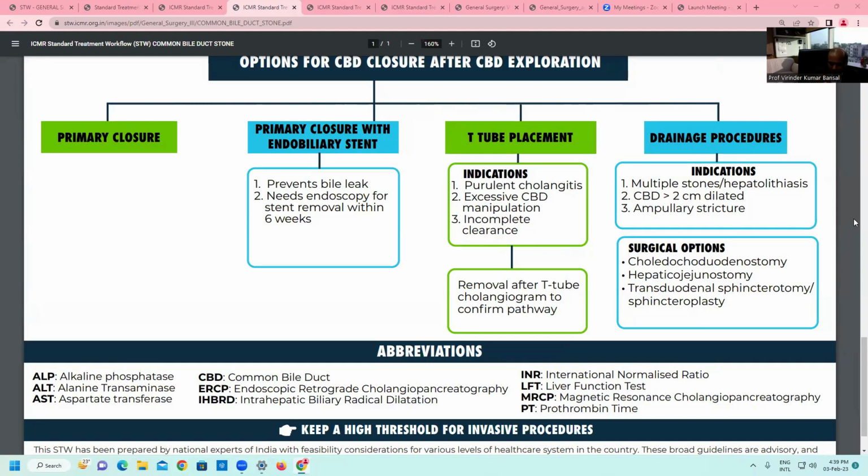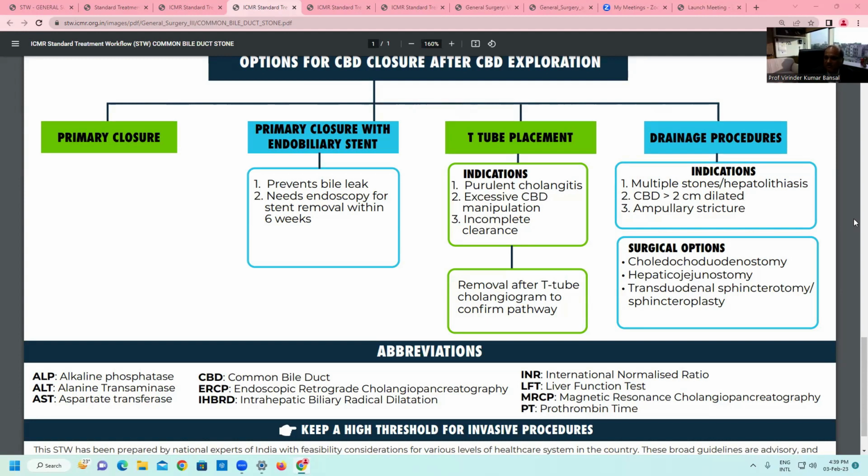So with the idea that somebody in the field can guide a patient, can manage the patient properly, and can tell the patient that, okay, you have gallstones, you have CBD stones. So that person in the field can also guide a patient that, okay, you need a single stage operation, so you can go to this center and get your surgery done.